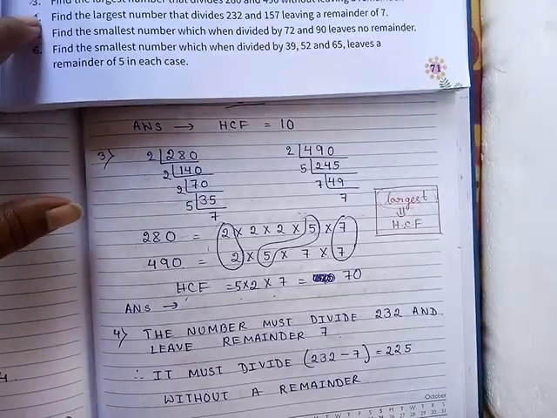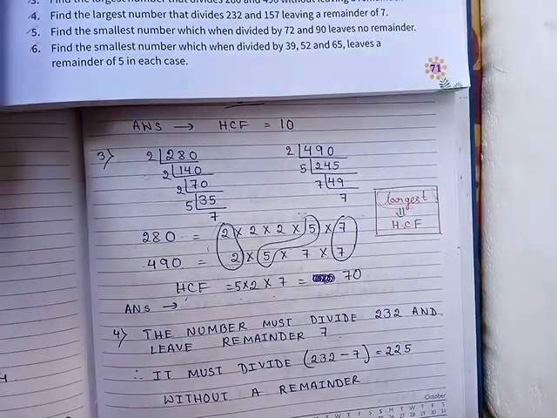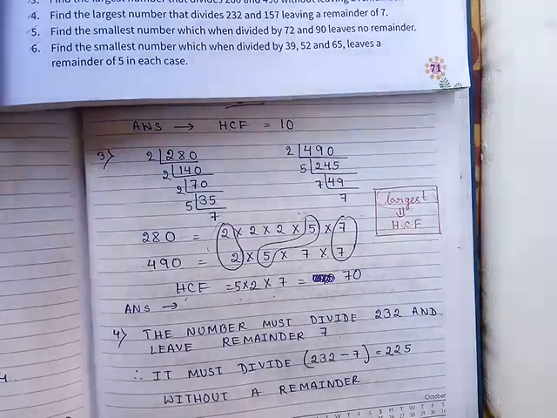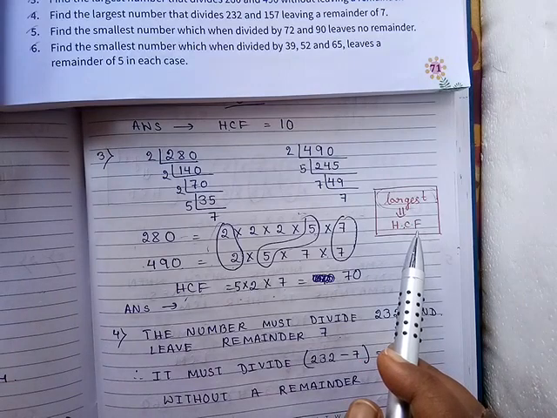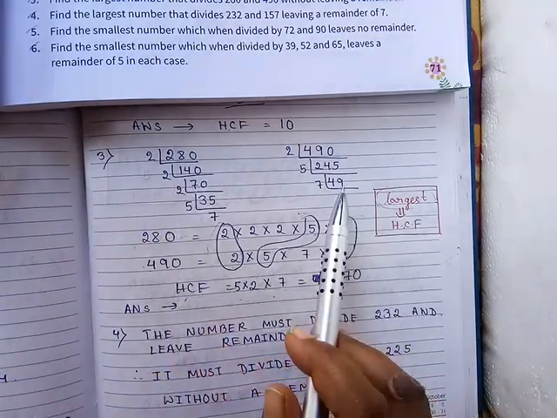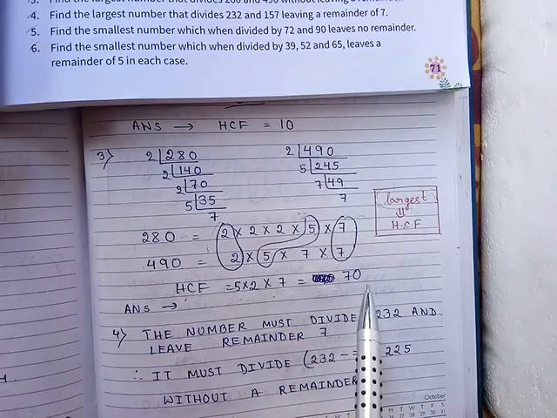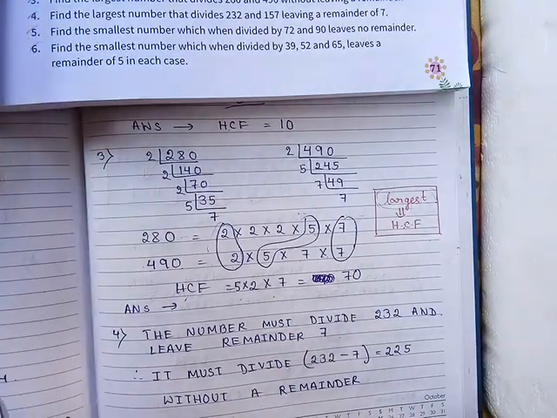In sum number 3, find the largest number that divides 280 and 490 without leaving a remainder. Finding the largest number means we have to find the HCF, without leaving a remainder. So first find the HCF and the HCF will be your answer. Similarly, question number 4 is: find the largest number that divides 232 and 157 leaving a remainder 7.